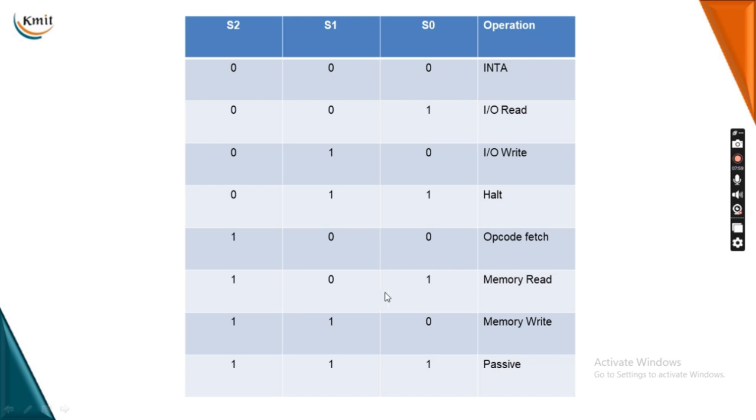For 101, from memory you can read the data, or read the address, or read the instructions. For 110, you can write into the memory as well. And for 111, it means that your IO space or IO addressing is not in the active mode.